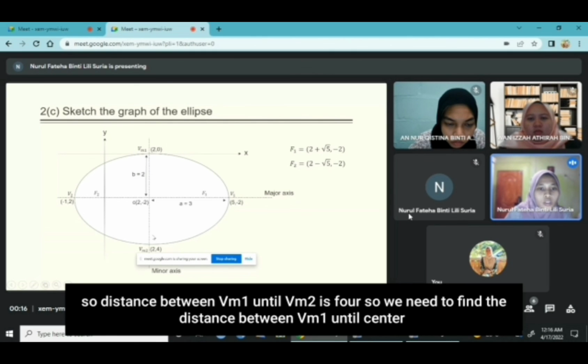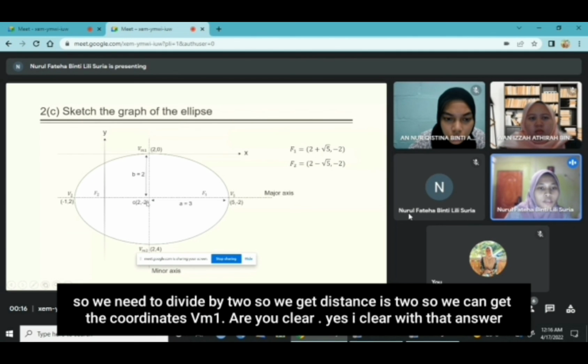So we need to find the distance between VM1 and the center, so we divide by 2. So we get the distance is 2, and so we get the coordinates of VM1. Are you clear? Yes, I am clear with that answer.